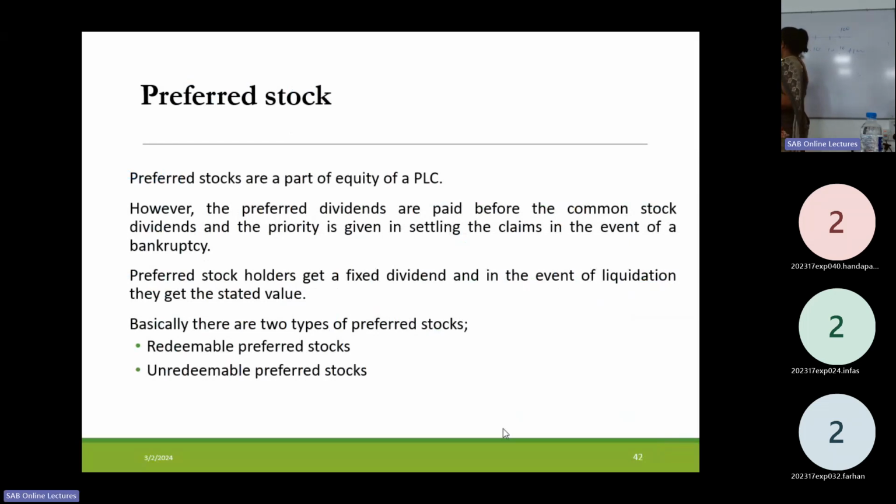The required rate of return of the bondholders is different from the required rate of return of the preference shareholders. You know the reason. What is the reason? Because of the risk. When comparing bonds and preference shares, which is risky? Preference shares, not bonds.